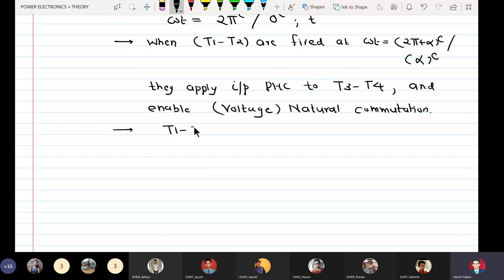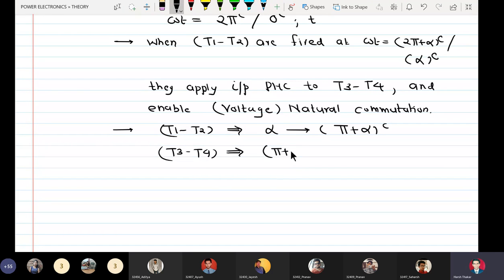So we can say that T1 T2 conduct from alpha to pi plus alpha radians, and T3 T4 conduct from pi plus alpha radians to 2 pi plus alpha radians.